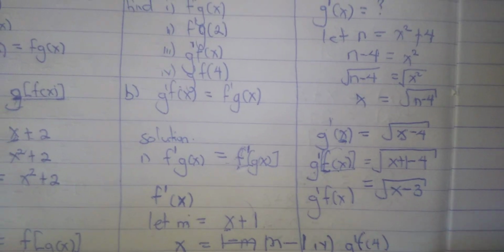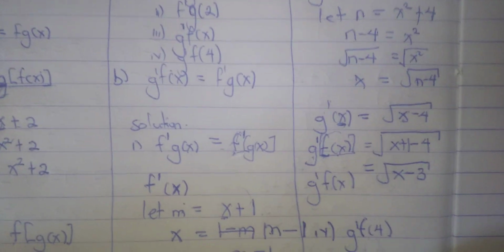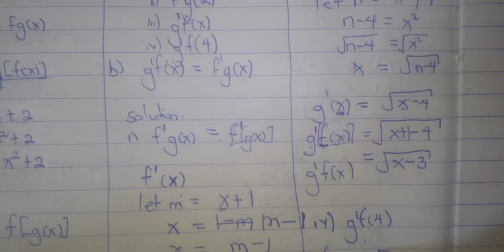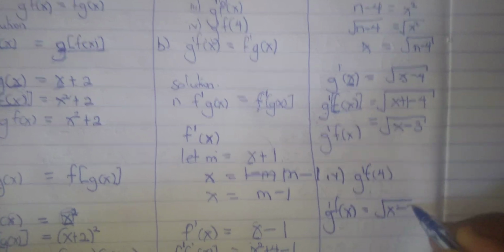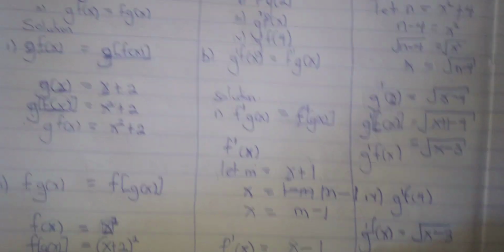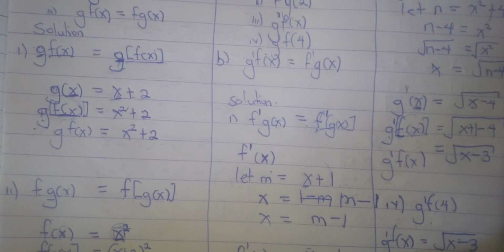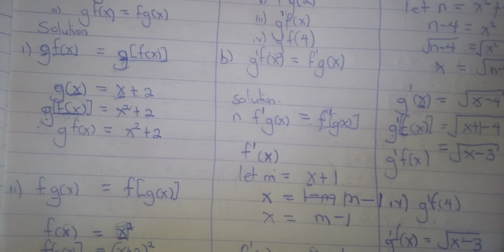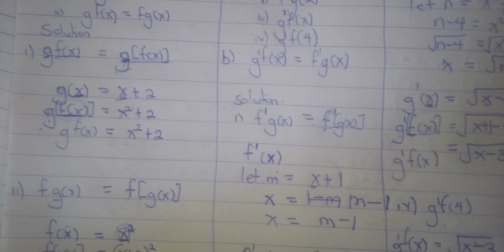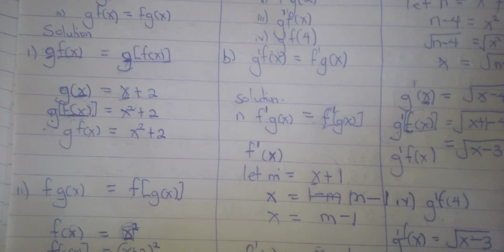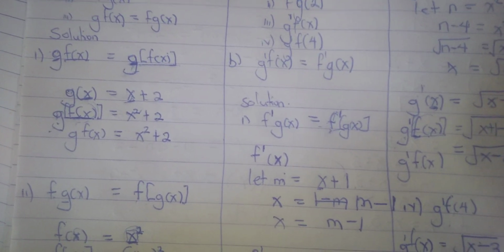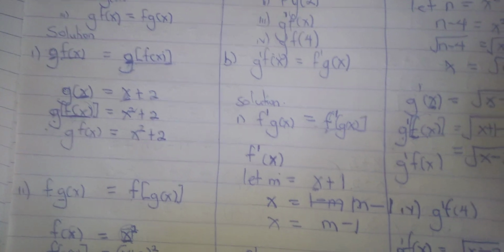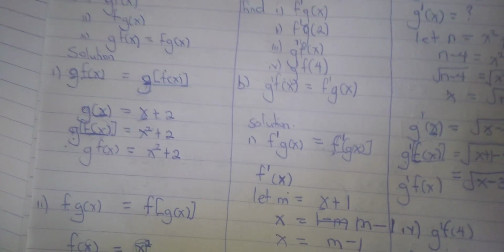We shall just use the g inverse f of x, which is given by the root of x minus 3. Then our g inverse f of 4, where we see x we put there 4. So we say 4 minus 3. This will give us 4 minus 3 is 1. This is the root of 1. So root of 1 is given as 1.